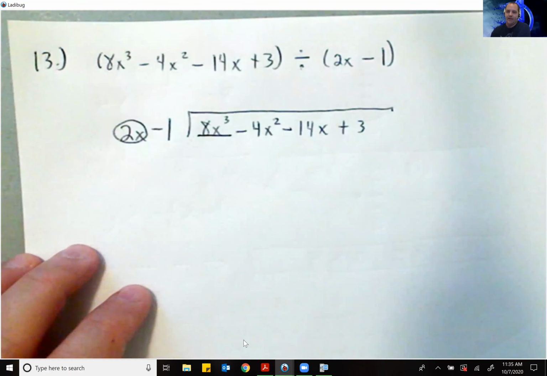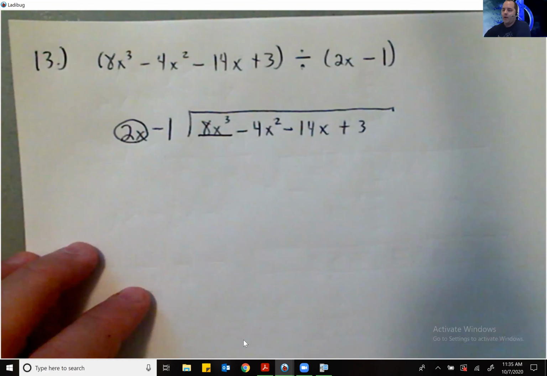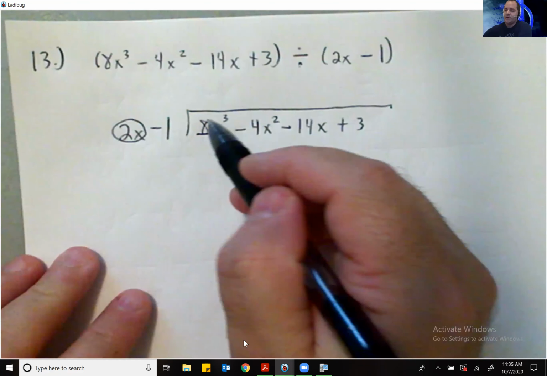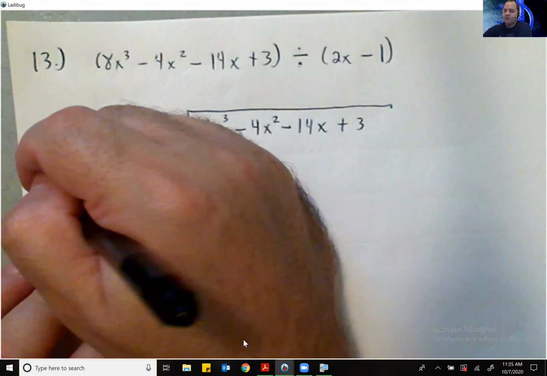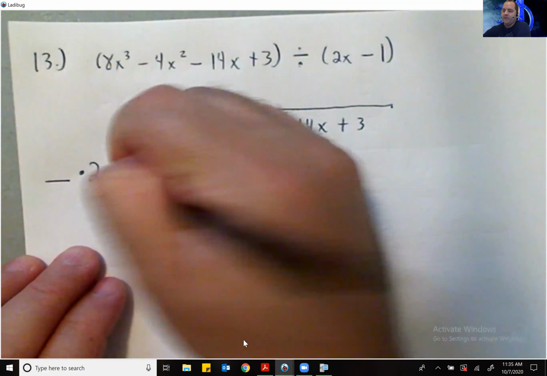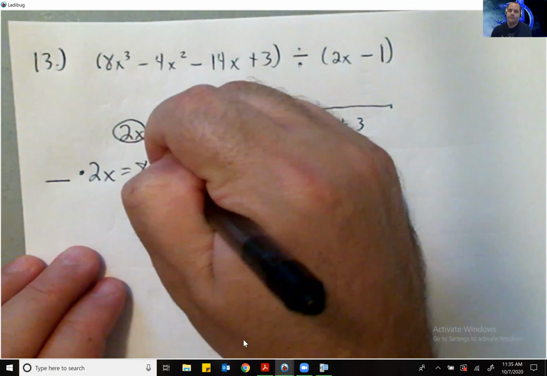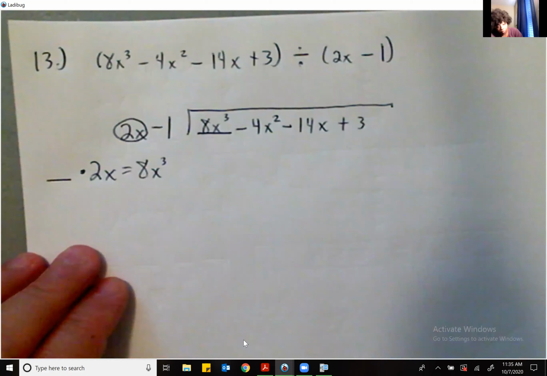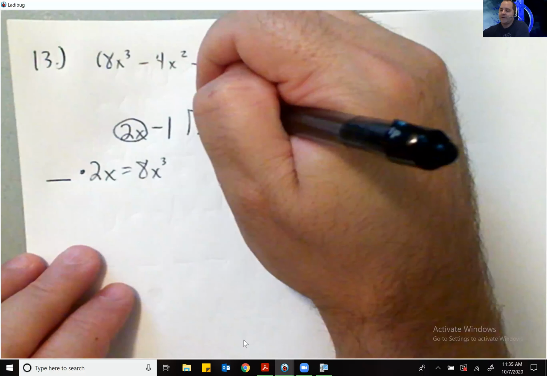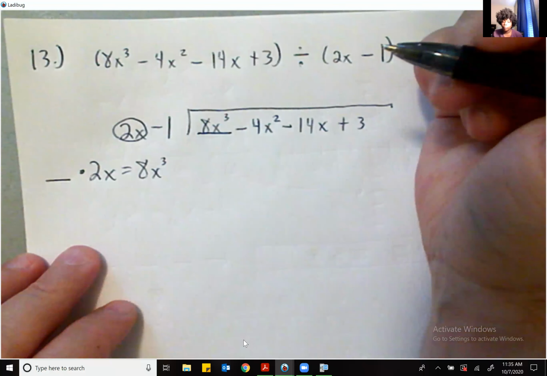It's going to be the guide that gets us through everything. So step 1, how do we eliminate this? So what times 2x will give us 8x cubed? 4x. Where? Squared.